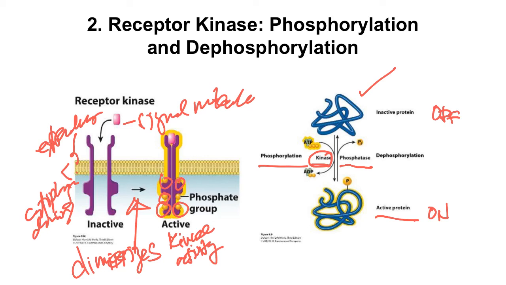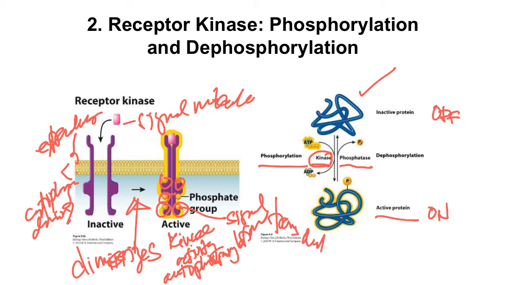So when they dimerize together, one member of the dimer will phosphorylate the other member. And so this is what we call auto or self phosphorylation. Okay, and as a result of this, you now have an active receptor kinase, which can then interact with other components of the signal transduction pathway to elicit a response.